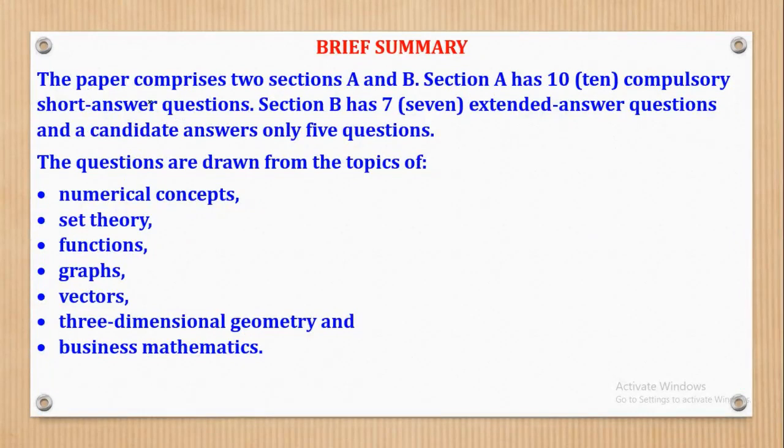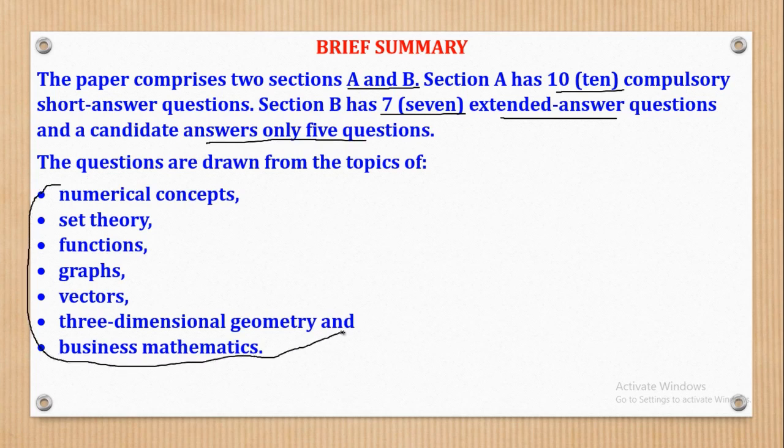A brief summary is that the paper comprised two sections, A and B. Section A has 10 comparatively short answer questions, and section B has 7 extended answer questions, and a candidate answers only 5 questions. The questions are drawn from these topics from which a Math 2 paper is set.